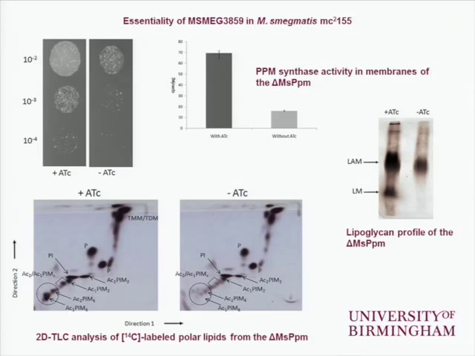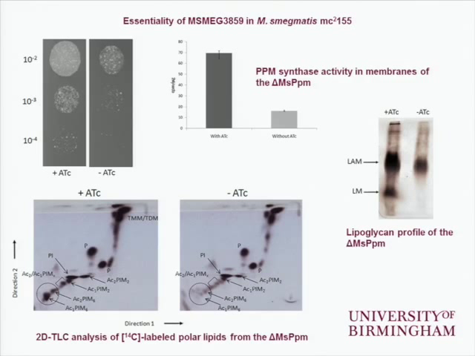But when you remove the ATc, we see a loss of the higher PIMs and accumulation of the lower PIMs. This really shows that we're getting extension predominantly after PIM2, PIM4, as I mentioned earlier, in terms of synthesis. You can look at the LAM as well and the lipomannan.